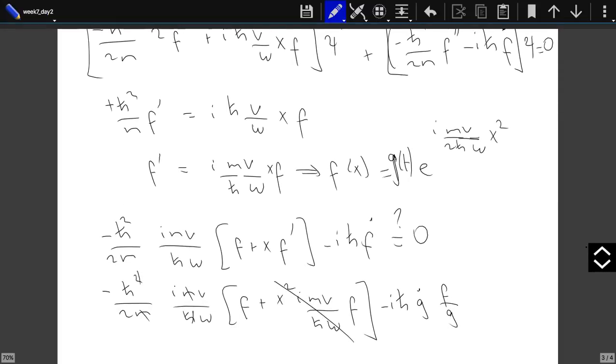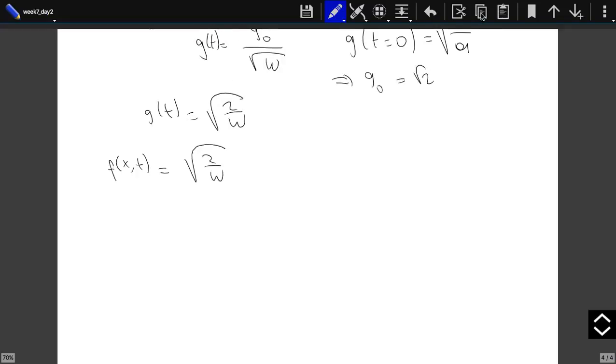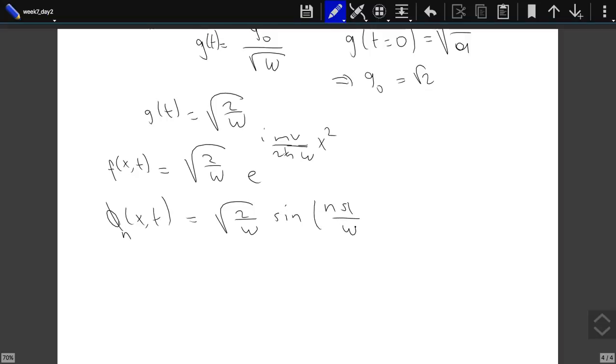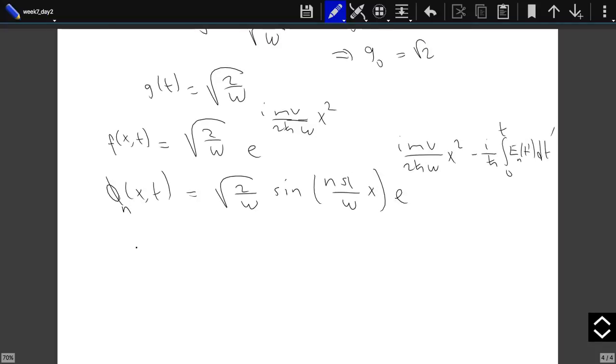Times this exponent, times this one. So phi of xt, let's say phi n of xt, the solution of the time dependent Schrödinger equation that at time t equal to 0 is in the nth state, is equal to square root of 2 over omega sine n pi over omega x, e to the power i m v over 2 h bar omega x squared, minus i over h bar integral of E_n of t prime dt prime from 0 to t.